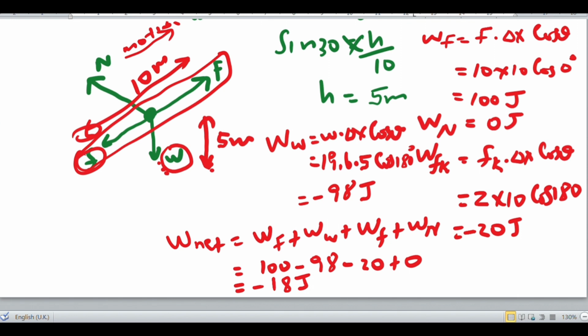Therefore, the net work done is negative 18 joules.